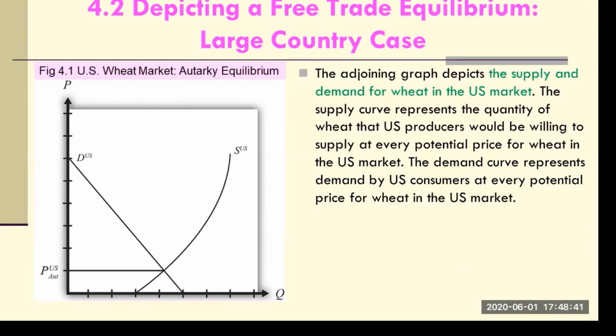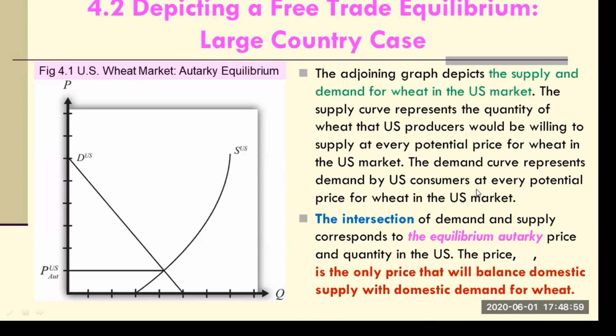From the diagram, as I have already said, it shows the demand and supply of wheat in the US market. The supply curve represents the quantity of wheat that US producers are willing to supply. The demand curve represents the demand by US consumers. The intersection of demand and supply corresponds to the autarky equilibrium.